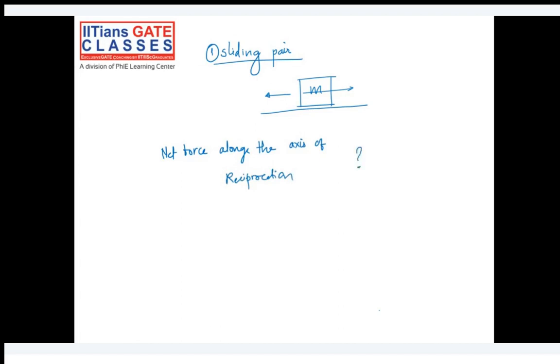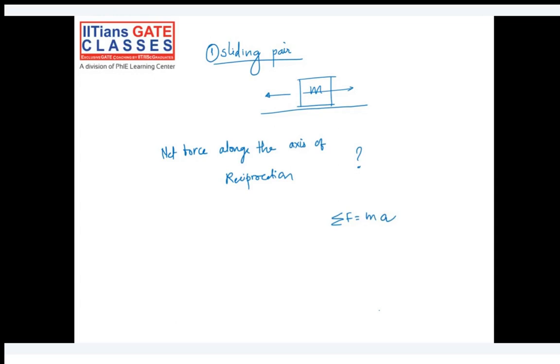We know it's mass m, and it is moving with some acceleration a. So the net force, summation F, will be equal to mass times the acceleration. It's very simple when we focus on a sliding pair. But if we talk about the turning pair, not that easy.